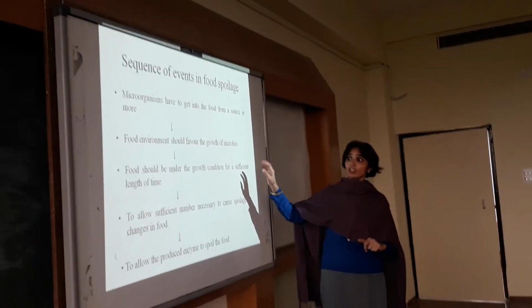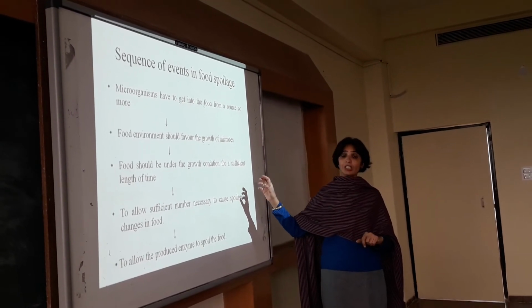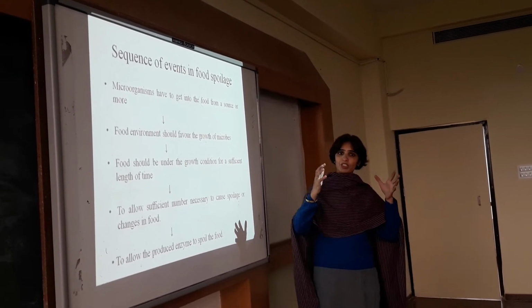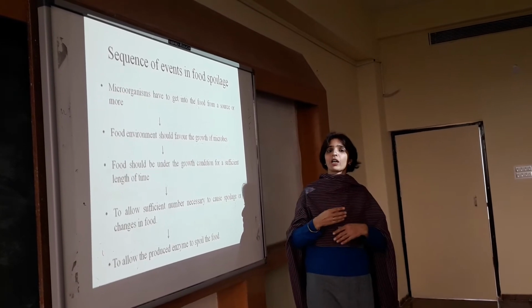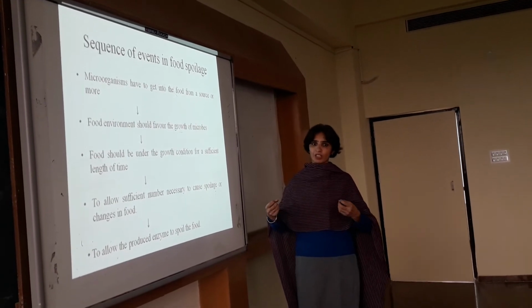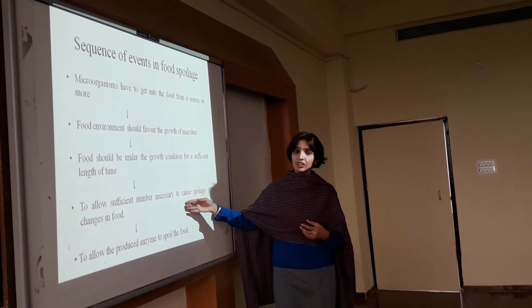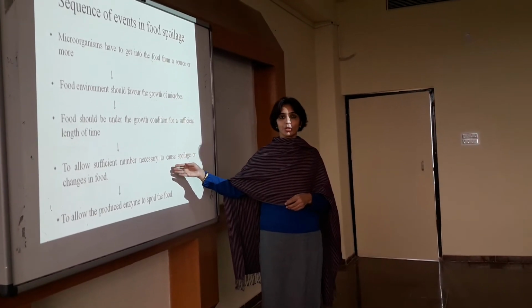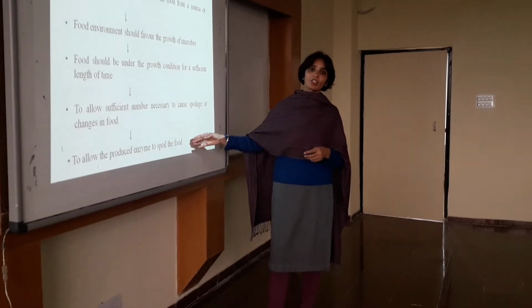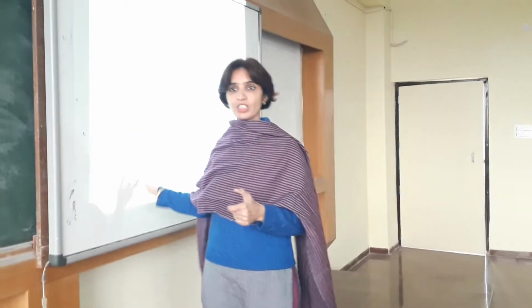And third, the food stuff should be under the optimal growth condition for the microorganism, which means the organism gets all the favorable conditions of temperature as well as pH for its growth. When it gets a favorable condition, the number of organisms will grow, and then their enzymes will act inside that food stuff. So these are the basic sequence by which the food stuff gets spoiled.